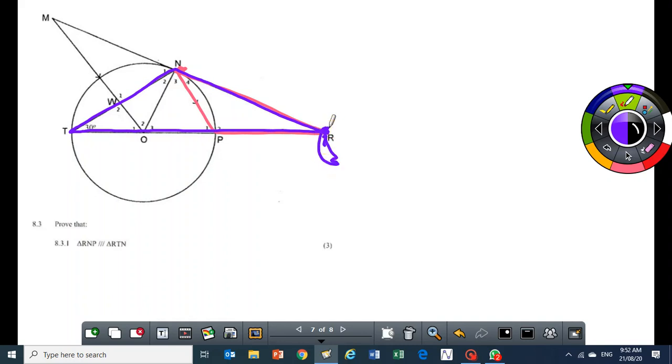Okay, so those are our two triangles. I'm sure you can see, pay attention. You can all see that angle R is a common angle. Now, when you have two triangles, if you want to prove that they are similar, you just need to prove that any two pairs of corresponding angles are equal.